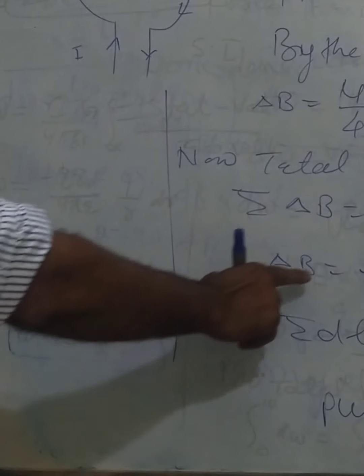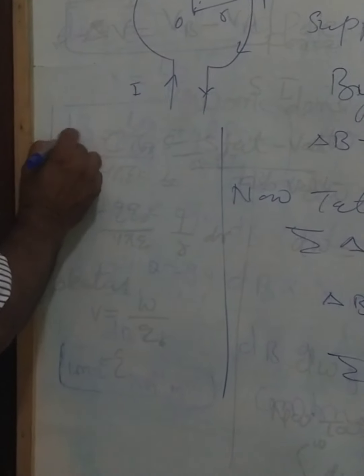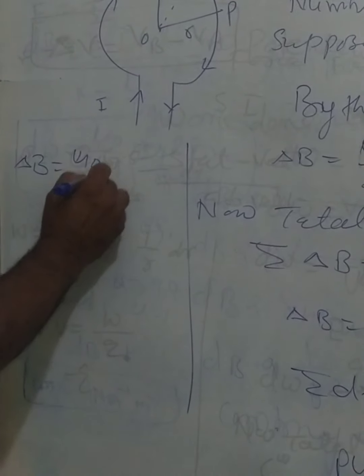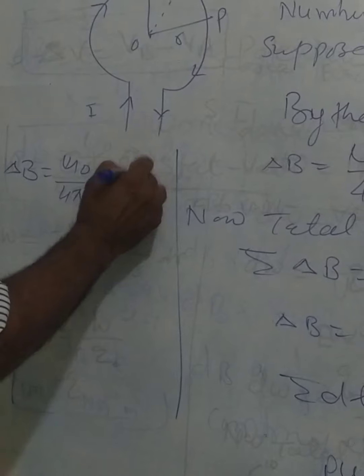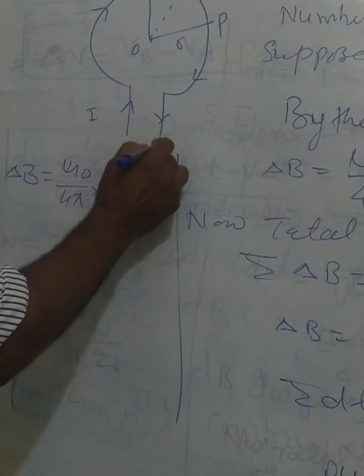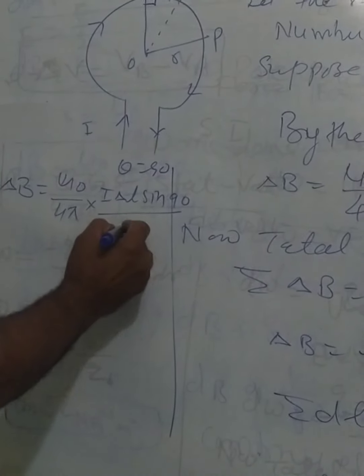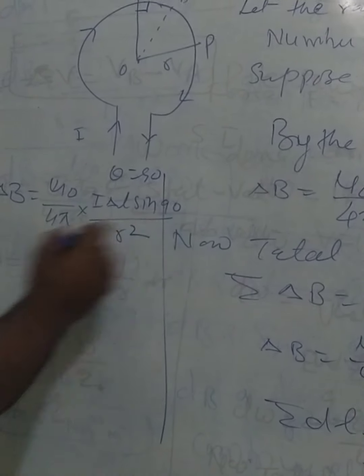So I will get B is equal to mu naught upon 4 pi into I, and I take theta as 90, so sin 90, because this is perpendicular, upon r square.